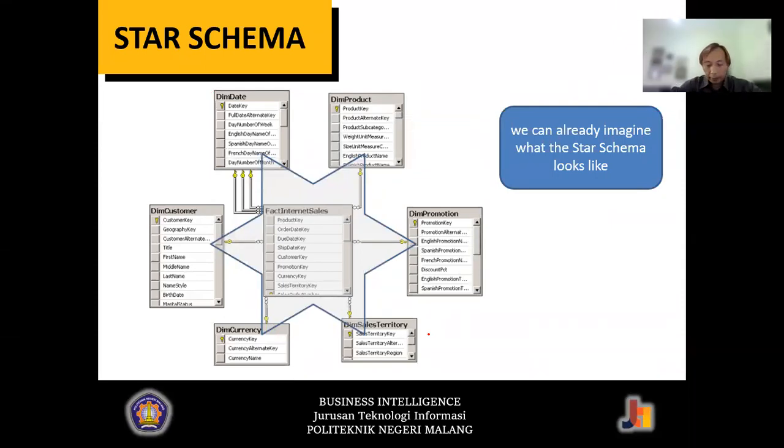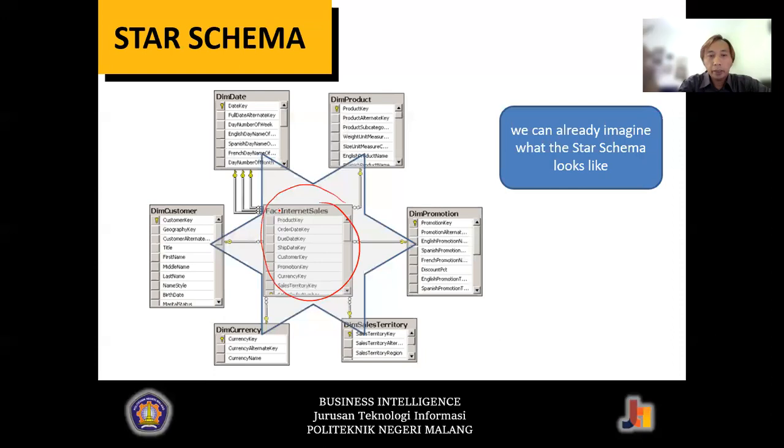So this is an example of a star schema database. Why is this schema called a star database? As you can see, a single table is surrounded by other tables outside of it, forming a star.